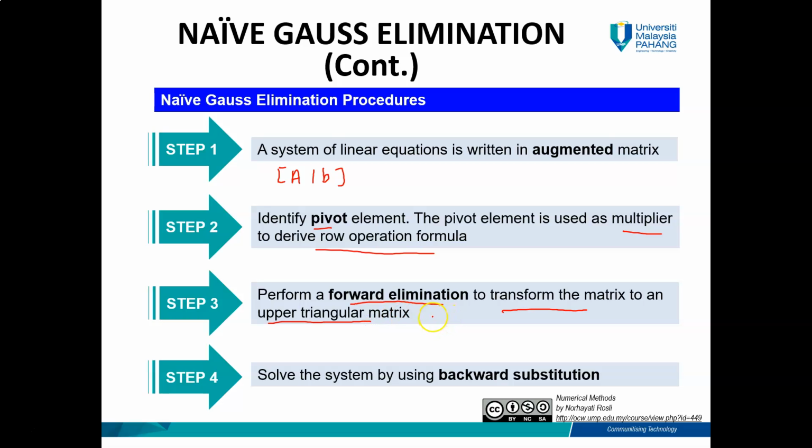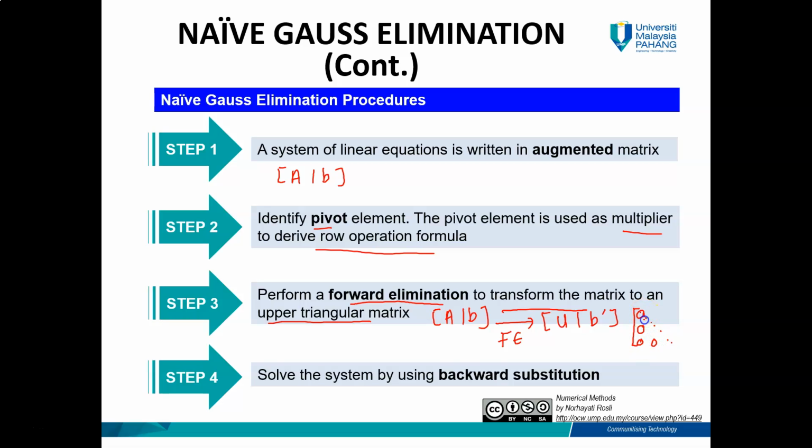So here class, you have your matrix in terms of A and B, which we write in terms of an augmented matrix, and then you need to perform the forward elimination step so that we can transform this matrix into an upper triangular matrix and a new vector B. What does it mean by upper triangular matrix here? Upper triangular matrix means that all elements below the main diagonal should be equal to 0.